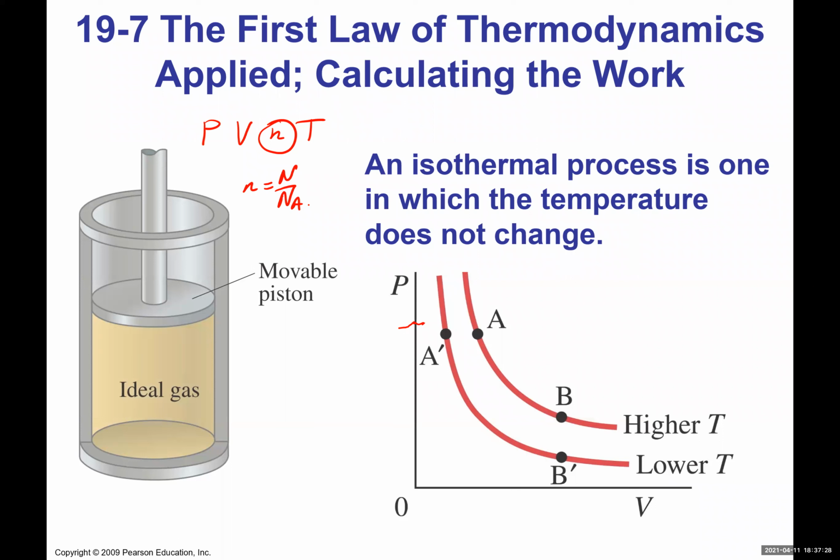So we are then looking at three quantities: pressure, volume, and temperature. The PV diagram already gives us pressure versus volume, with pressure on the y-axis and volume on the x-axis.